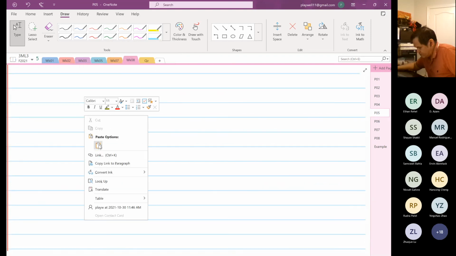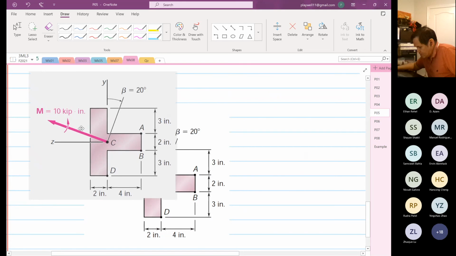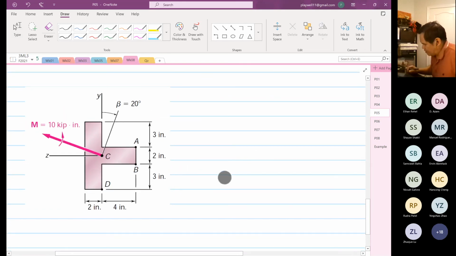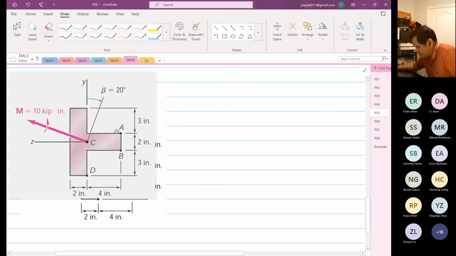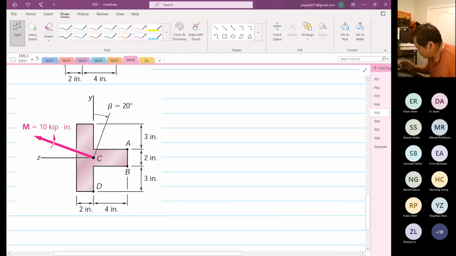So I'm going to paste here. I know the formula is really, really easy, I understand. So we need to find what is your Iyy.